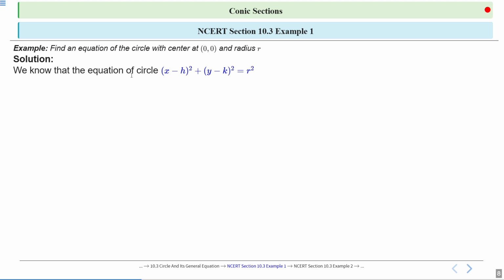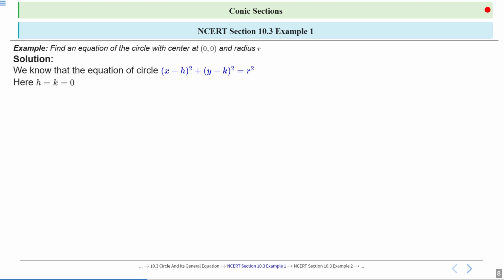This is the standard equation of the circle, and here (h, k) is the center of the circle and r is the radius. And here we have to find an equation of the circle with center at (0, 0) and radius r.